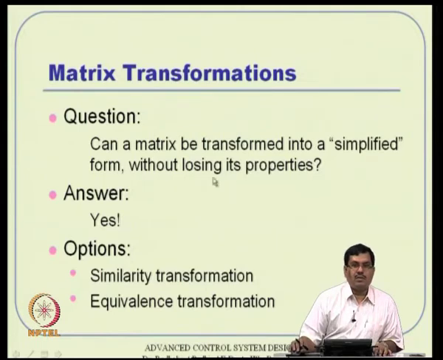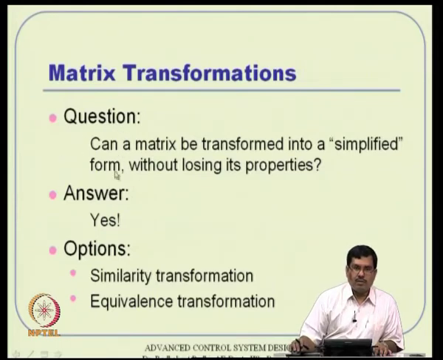That means the basic properties of the matrix we do not want to lose, but given a matrix A, I want to transform it to a matrix B such that, if necessary, I can recover my matrix A from B.